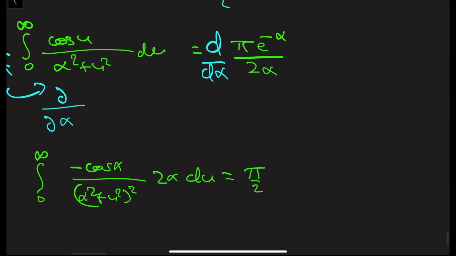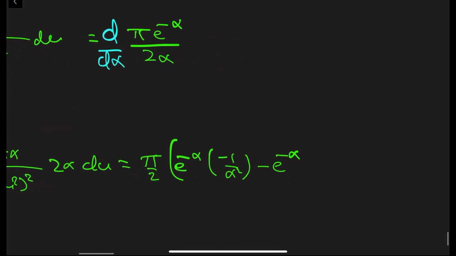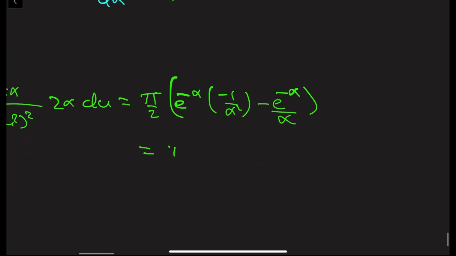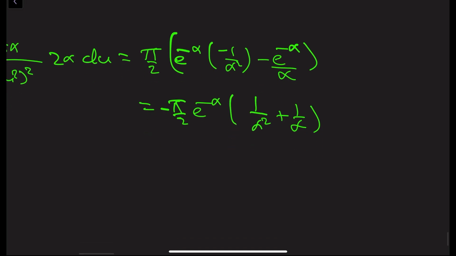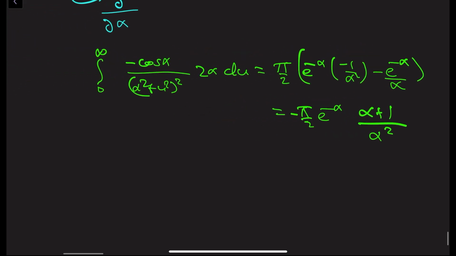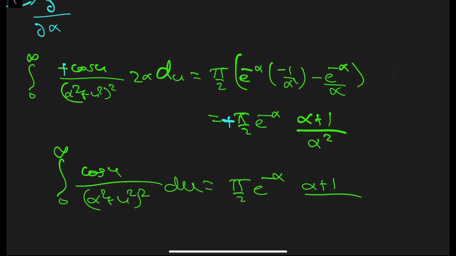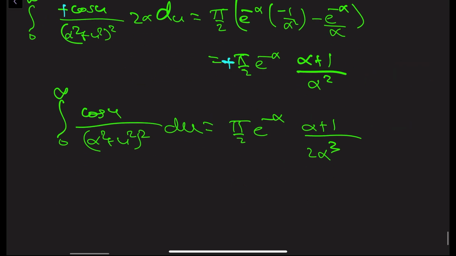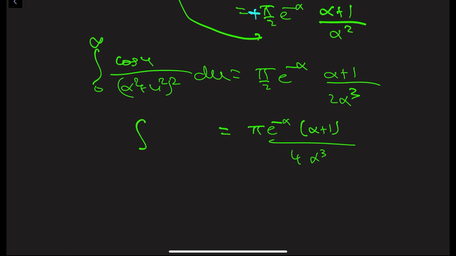On the other side, I mean, we could do product rule, e to the minus alpha times the derivative of 1 on alpha, and then minus e to the minus alpha times 1 on alpha. Factoring out minus e to the minus alpha, and then I guess just cleaning this up into one fraction, we have something like this. We can cancel the negative signs from both sides and also divide by 2 alpha to give this, and we'll just clean it up a bit so we have this sort of expression.